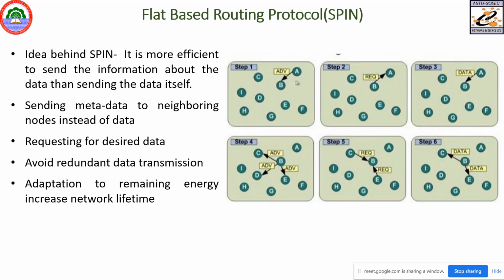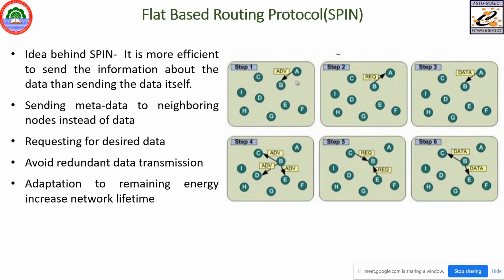So in the next step, in step 2, what we can see in the figure, B is sending the request to transmit the packet to node A. That means now node B is ready to receive the packet. So it is sending the request to A to start the data transmission.